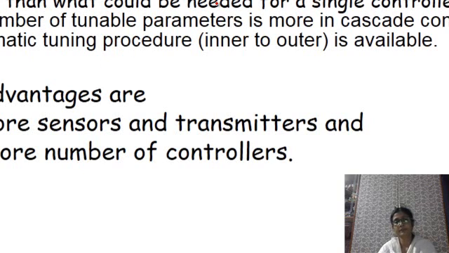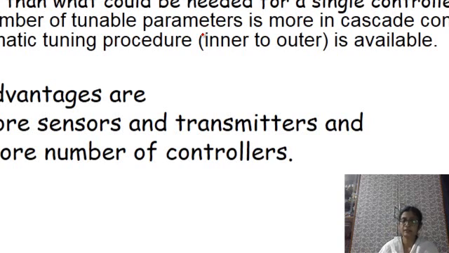Cascade control often makes it possible to use simpler control action than what could be needed for a single controller. So the number of tunable parameters is more in cascade control. A systematic tuning procedure is available. If we have only one controller in a control loop, then the tuning of that controller is sufficient.